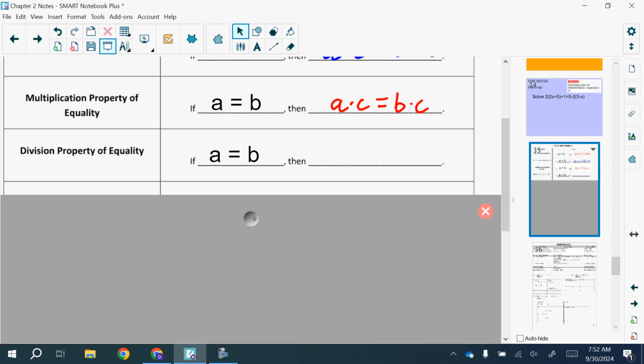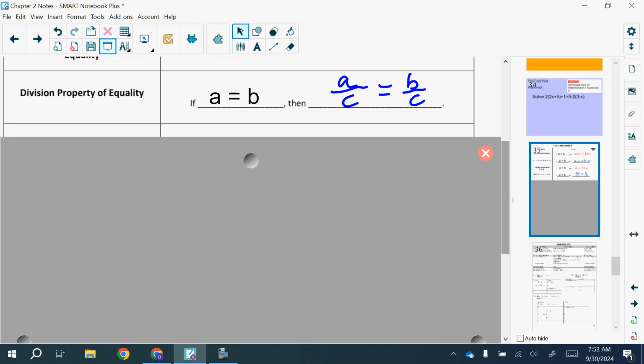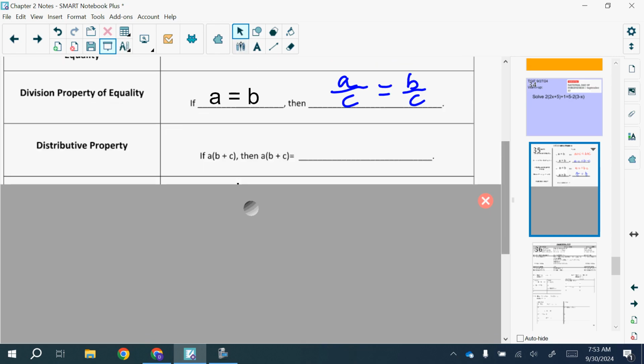Let's keep going. Division property of equality. We can say if A equals B, then A divided by some number, call it C, will equal B divided by some number, call it C, again, because A equals B. Distributive property.